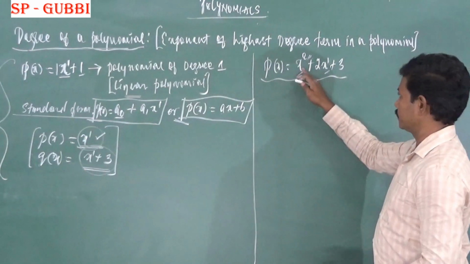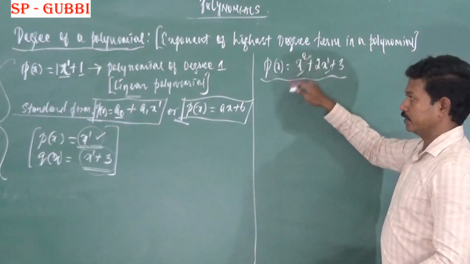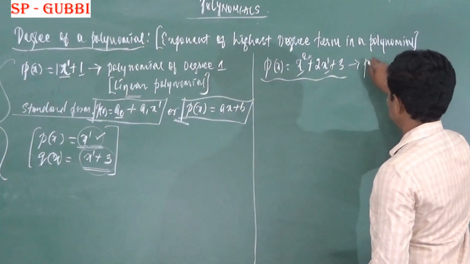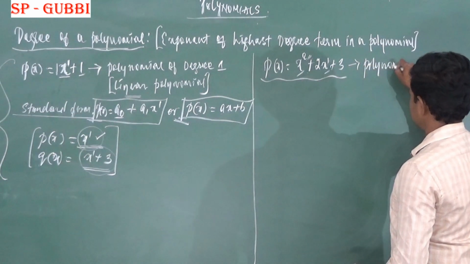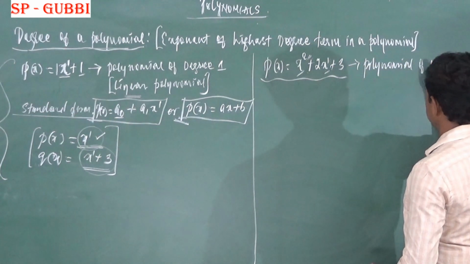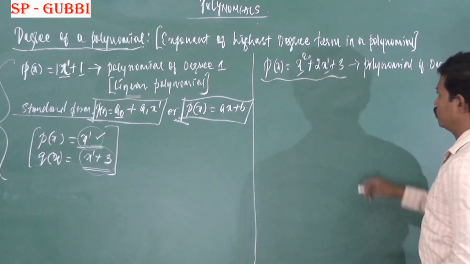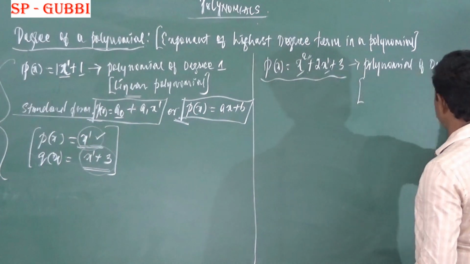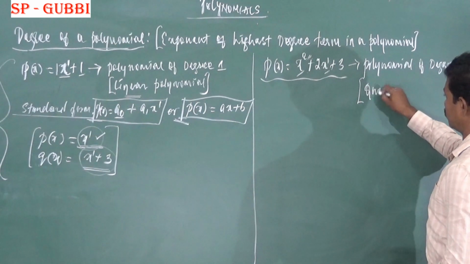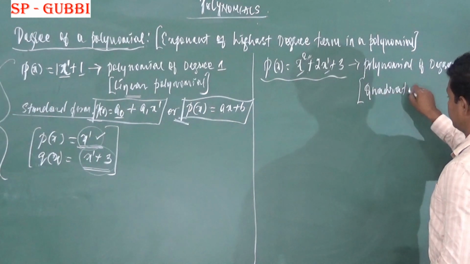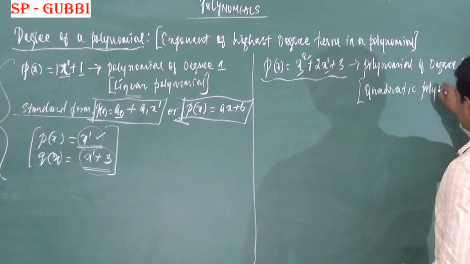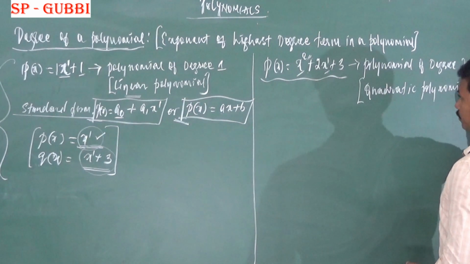So here the highest power of the variable present is 2, therefore it is a polynomial of degree 2. So a polynomial of degree 2 can also be called a quadratic polynomial.